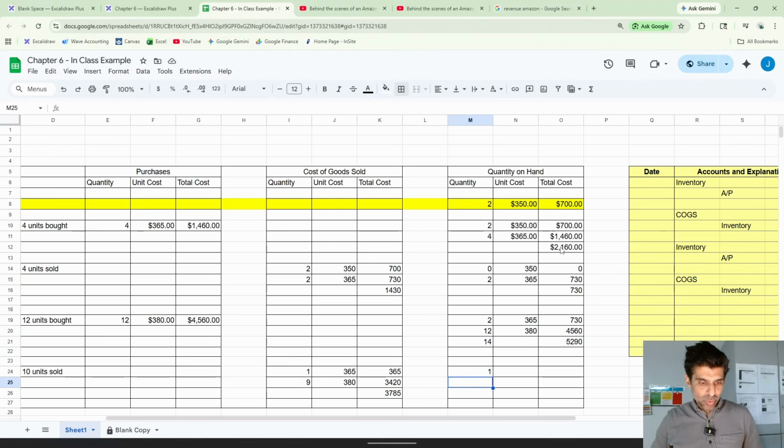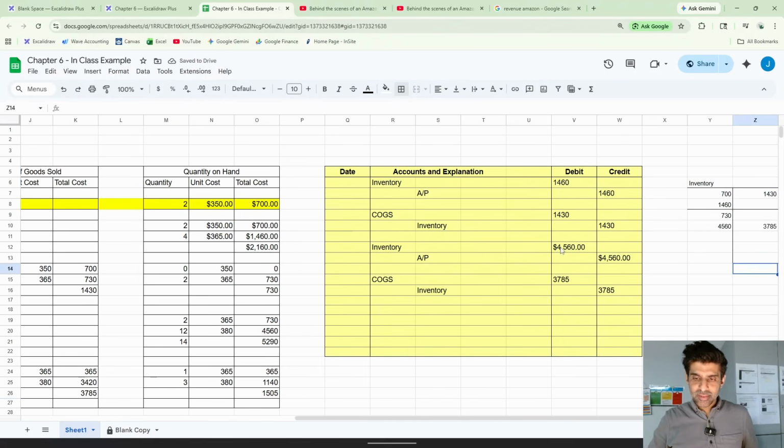And I have 12 minus 9, which is 3, of the 380 ones. So my total value of inventory is 1505. Let's just make sure that's the case. So I had this balance plus this debit minus this. So yes, it does reconcile.